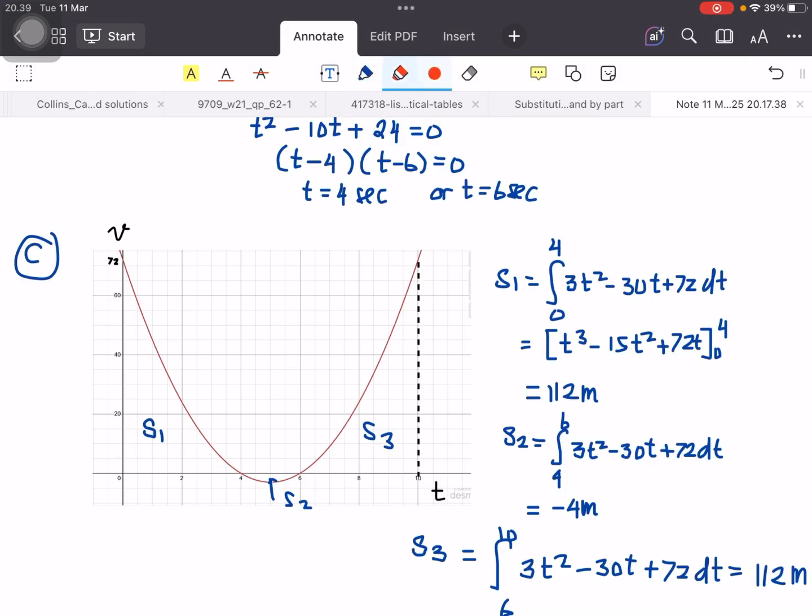So S1 is the integration from 0 to 4 of the velocity, 3t squared minus 30t plus 72 dt. The integration is this one, and then substitute the upper and lower limit, and we can find that S1 is 112 meters.